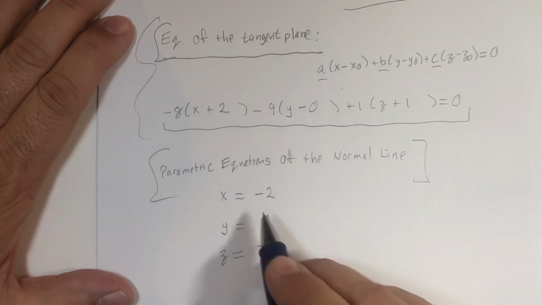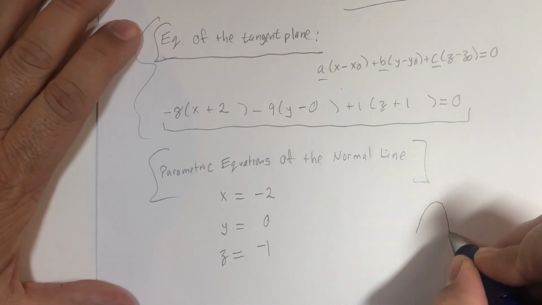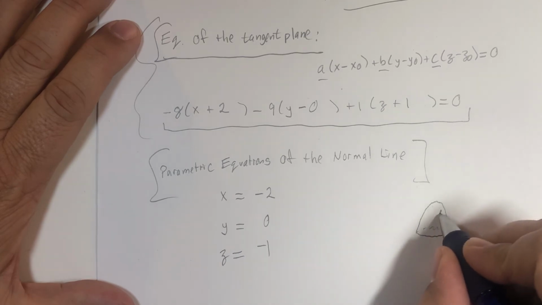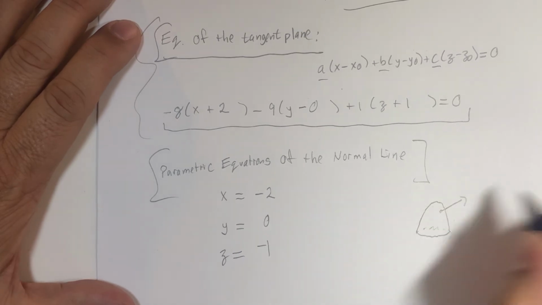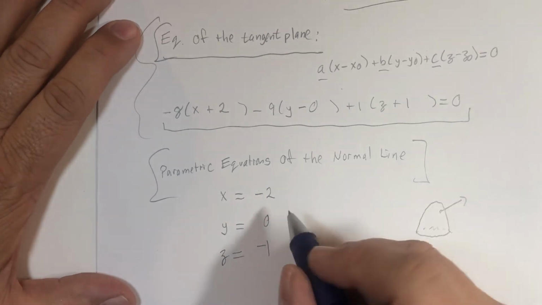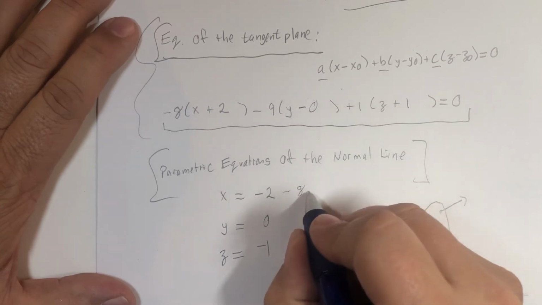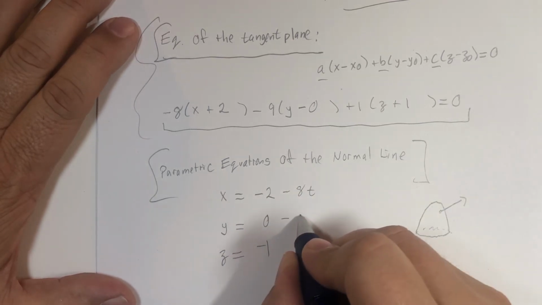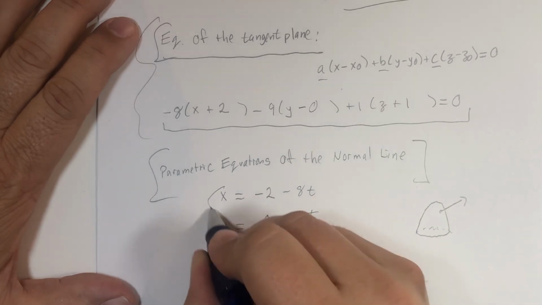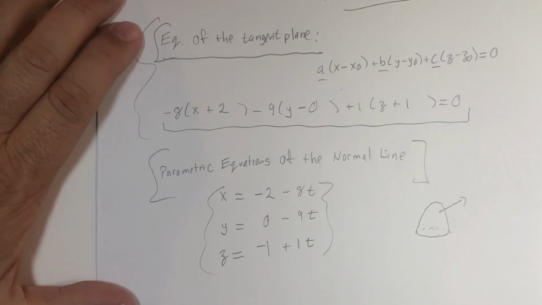And this line, so let me just do imagination here. If the surface was our paraboloid, and there's a point in the surface, I want the equation of that line. I just need the direction that line goes. Well, its direction vector is -8, -9, and +1. And these, my students, are the parametric equations of the normal line.